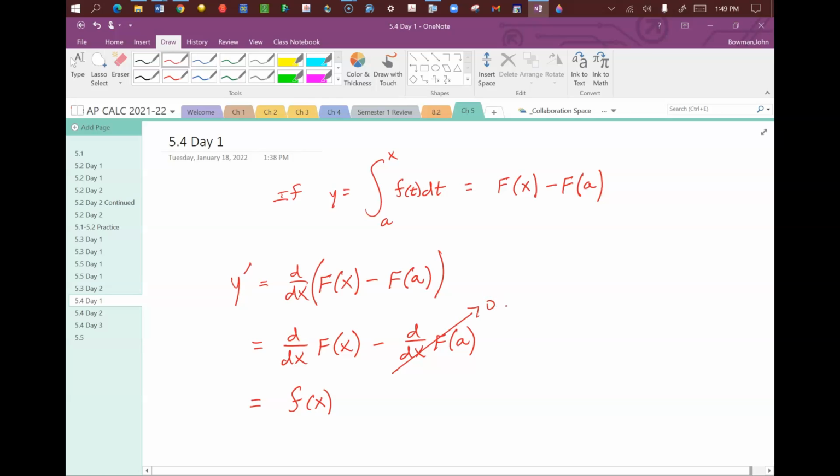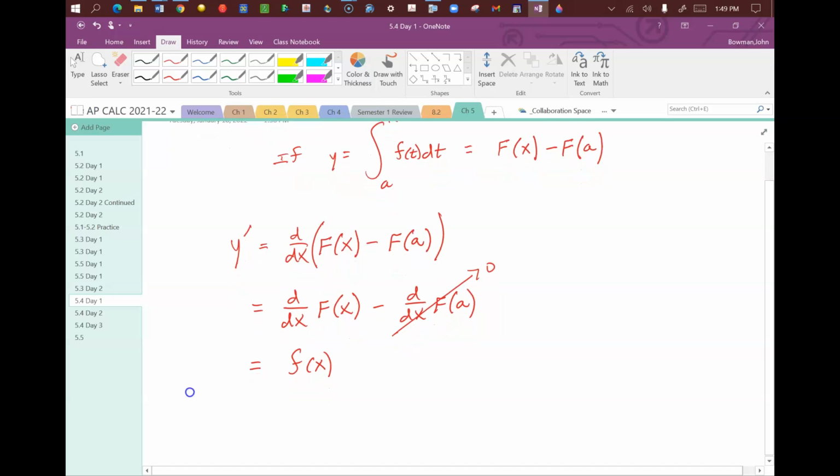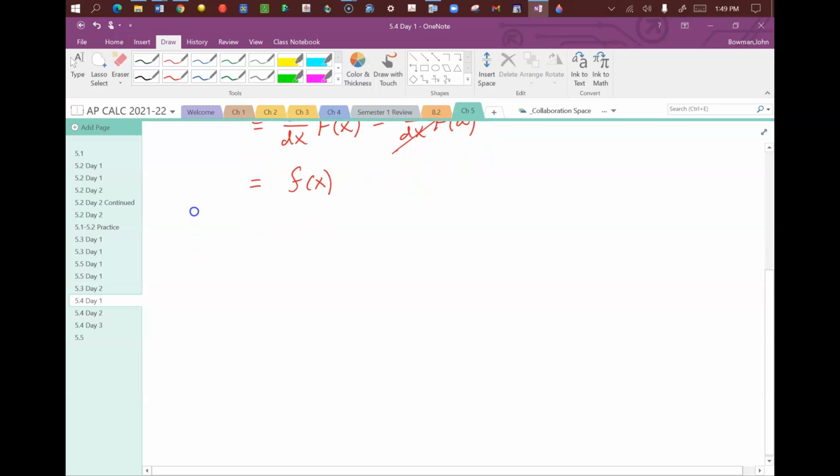Now, you might ask yourself, well, why is that important? Why do I care about that? And maybe I already knew that from what we did in section 5.3 regarding the fundamental theorem. But I want to extend that a little bit, and I want to ask, what if y is equal to something like this, the integral from a to x cubed of f of t dt?